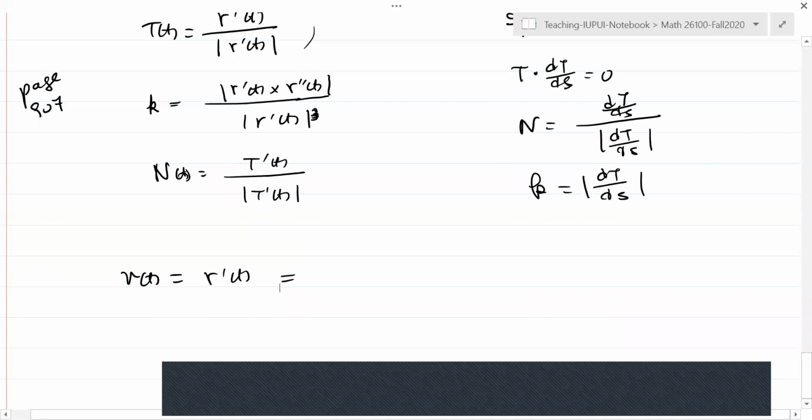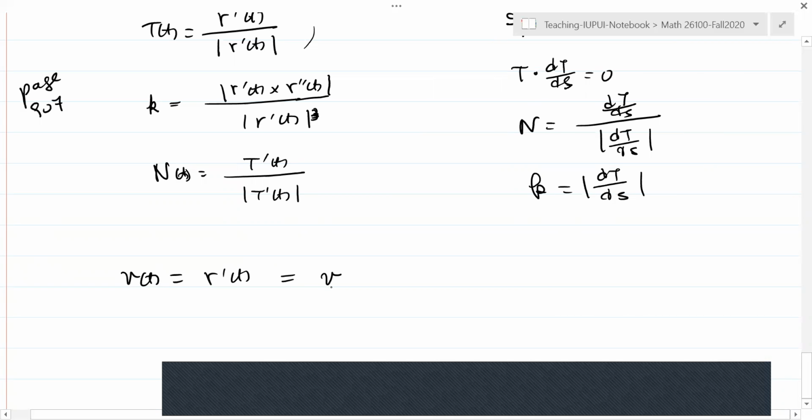So the velocity vector is the derivative of the position vector. According to my formula above, if you want to express it in terms of the tangent vector, it will be some scalar times the tangent vector.